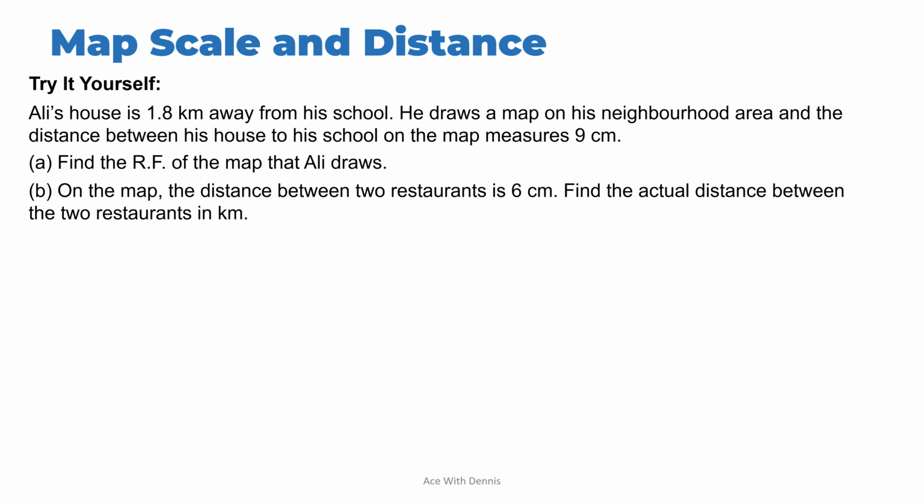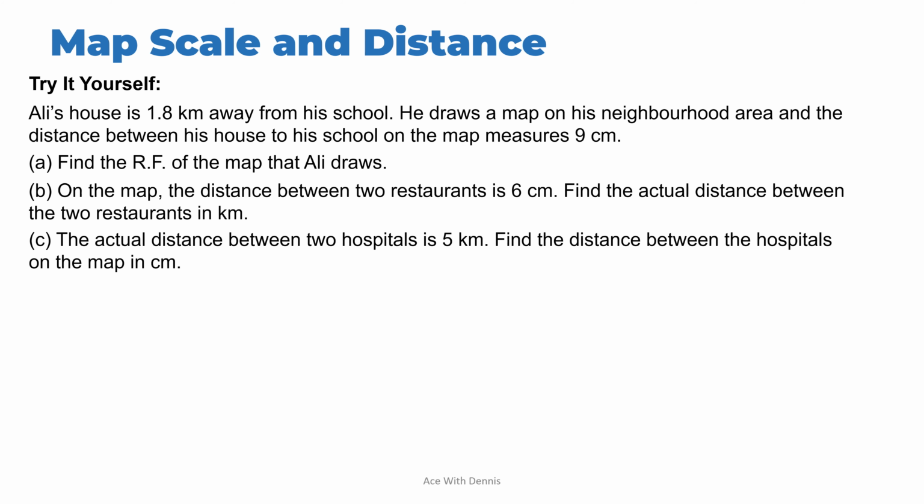B. On the map, the distance between two restaurants is 6 centimeters. Find the actual distance between the two restaurants in kilometers. C. The actual distance between two hospitals is 5 kilometers. Find the distance between the hospitals on the map in centimeters. You can pause the video and try to solve it yourself.